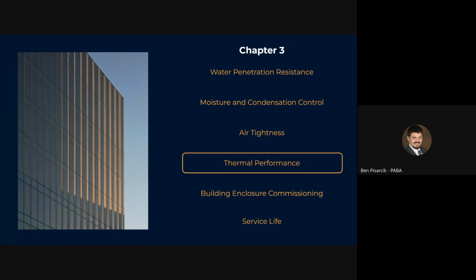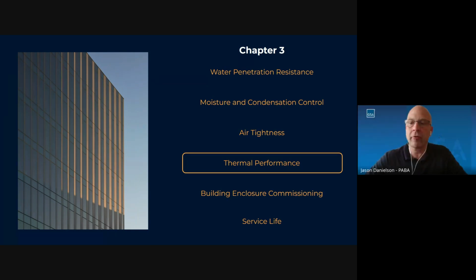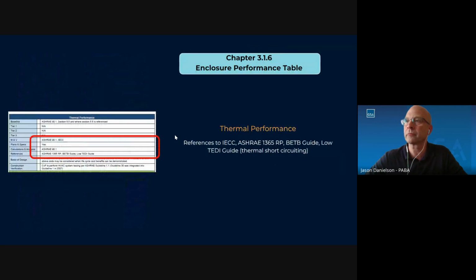All right. I'll jump right into thermal performance. So chapter 3.1.6, again the table 3.1, thermal performance, and here are references to IECC, ASHRAE 1365-RP, the BETB guide, and the low TEDI guide.